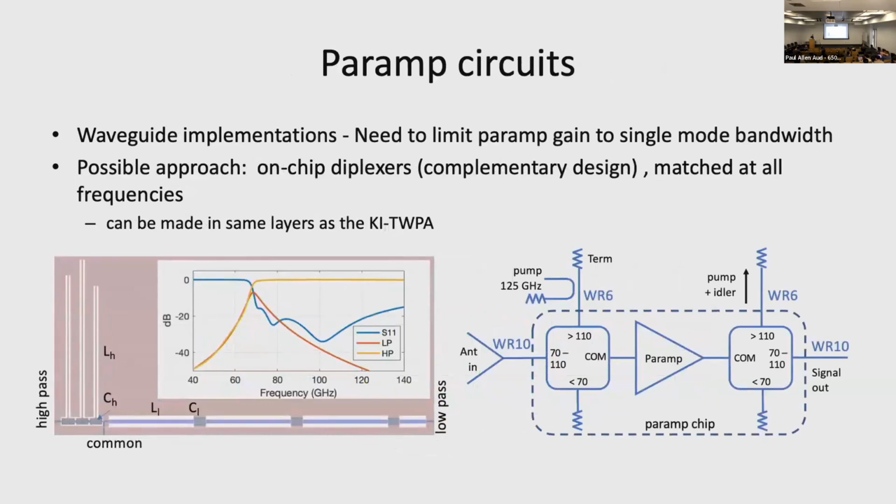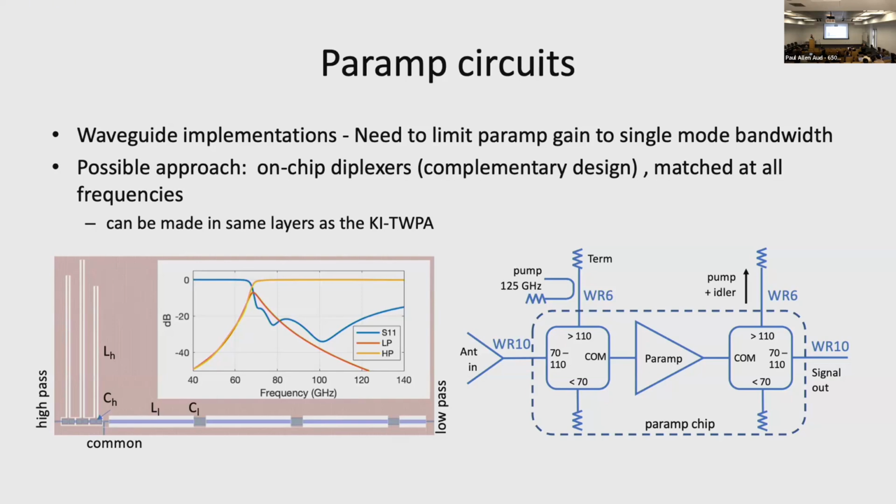But if we're operating in waveguide, we have to do something in order to protect against these oscillations that you would get with gain outside of the waveguide bandwidth. And so here, the idea will be to make on-chip diplexer or triplexer circuits. Basically, the idea is that the pair amp should see only a matched load over a very wide frequency band.